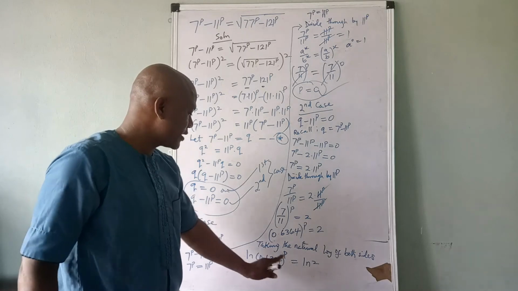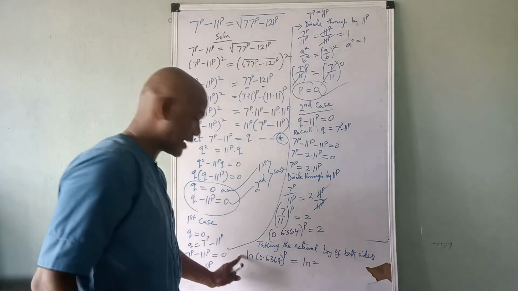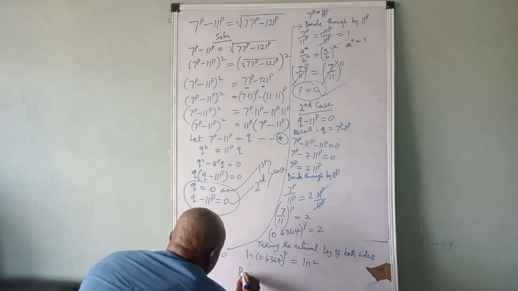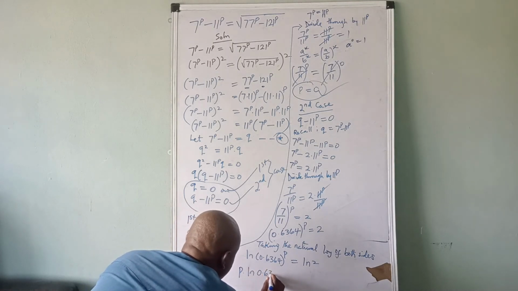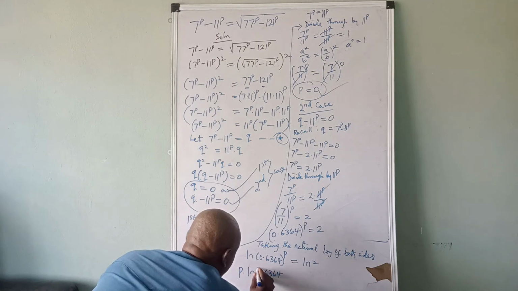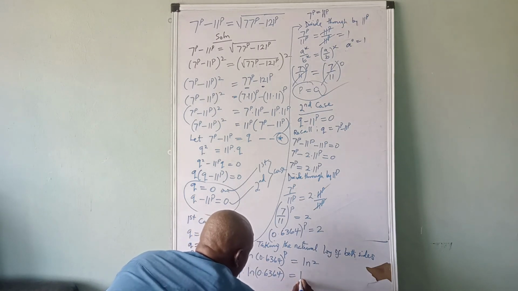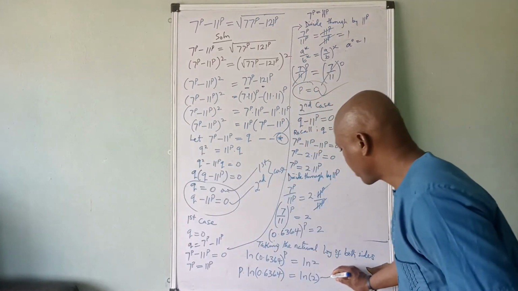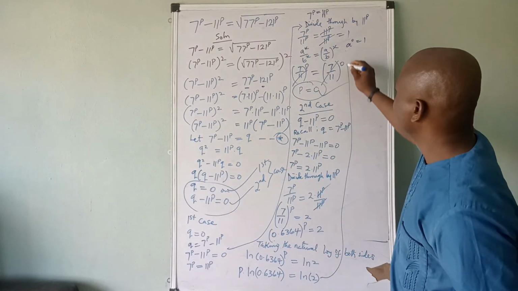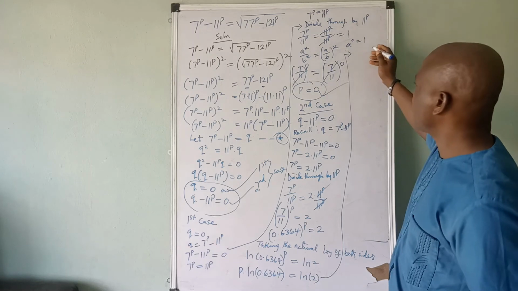So obeying the logarithm, this p has to come over to this side. So now I have p into ln 0.6364 being equal to ln 2. So we can also move to this side of the equation and continue from here.